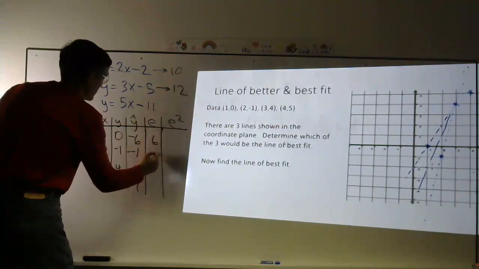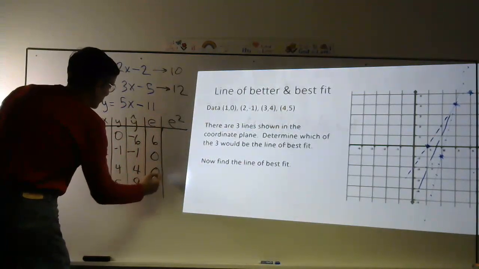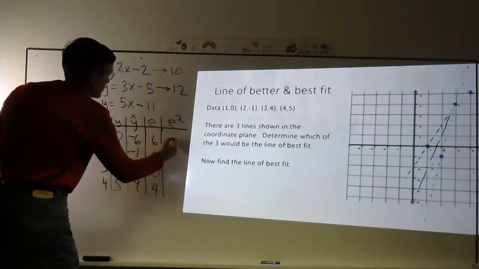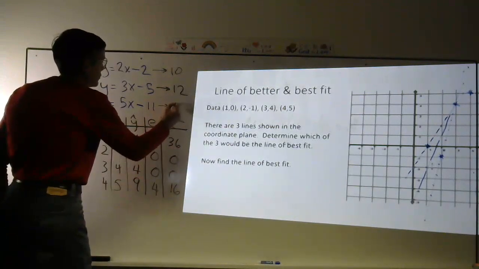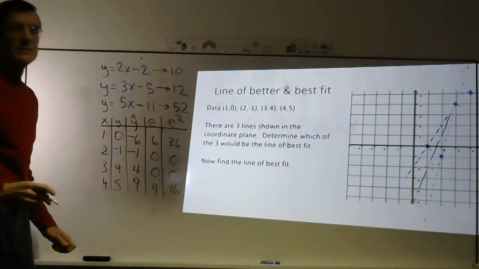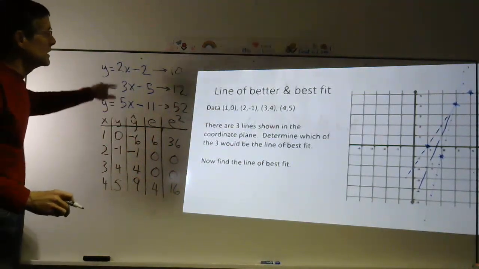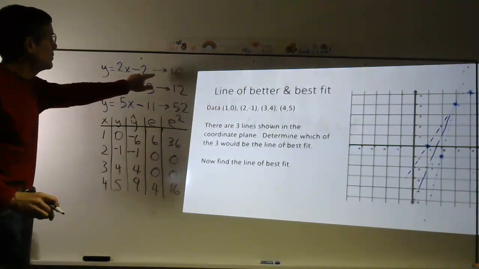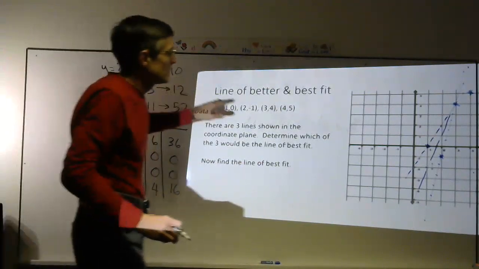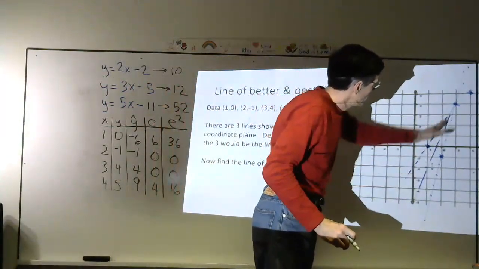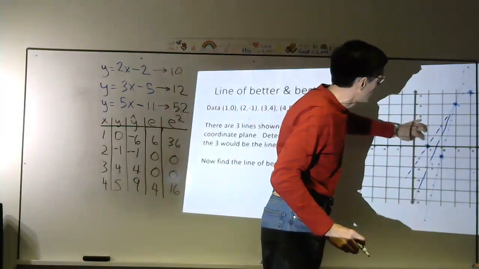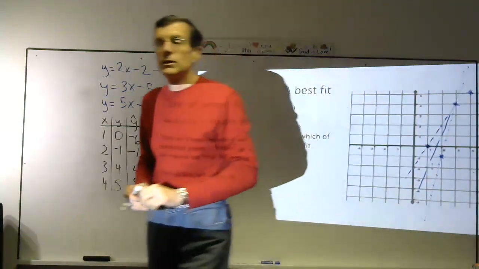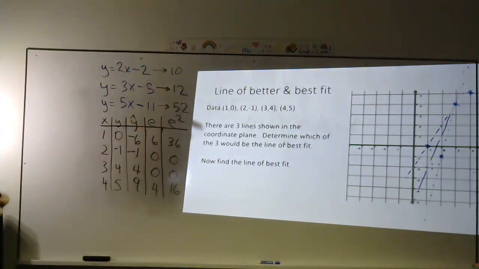Error is 6. 0, 0, 4 is 36, 0, 0, 16, 52. Wow. Okay. So out of these 3 lines, y equals 2x minus 2 has the smallest amount of error of 10. This line right here, y equals 2x minus 2, which goes through 2 of the data values, has the least amount of error out of those 3 lines.